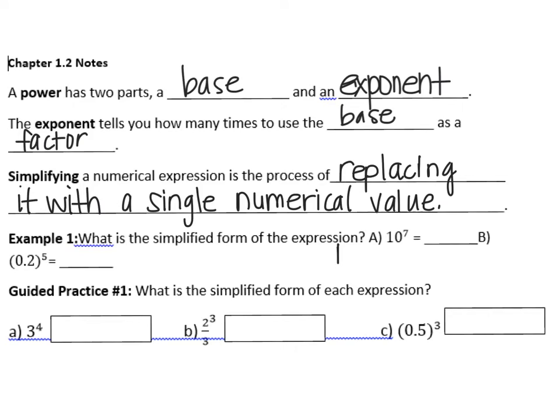So this is going to be 1 with 7 zeros behind it, which is 10 million. All right, B, what is 0.2 to the 5th power? You're going to do 0.2 times 0.2 times 0.2 times 0.2 times 0.2, which happens to be 0.00032.